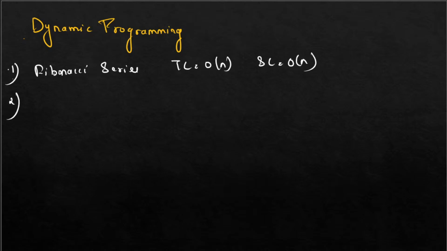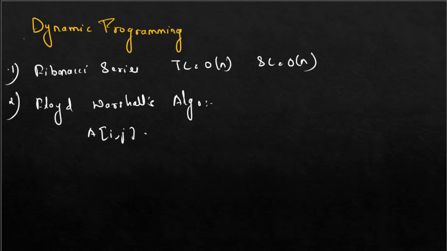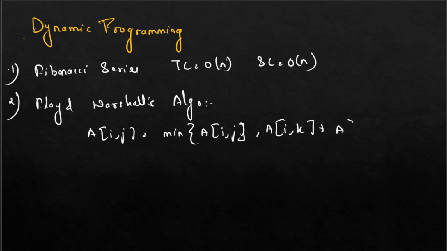Okay. Second is Floyd-Warshall's algorithm, where A[i][j] equals the minimum of A[i][j] and A[i][k] plus A[k][j], right?